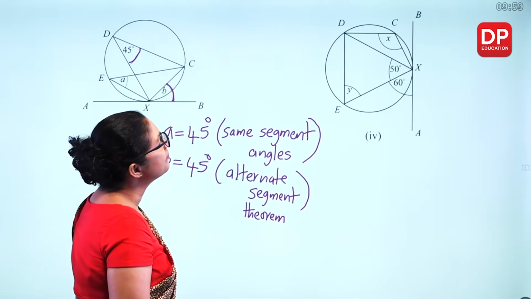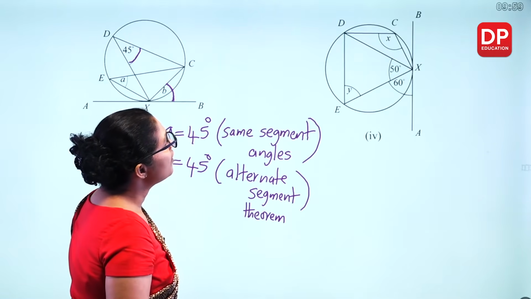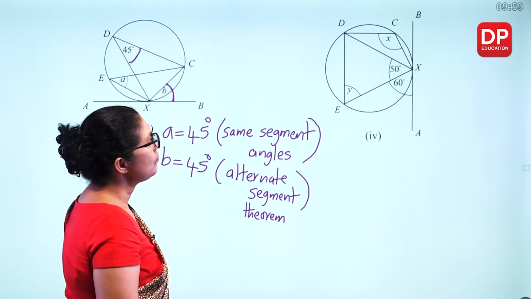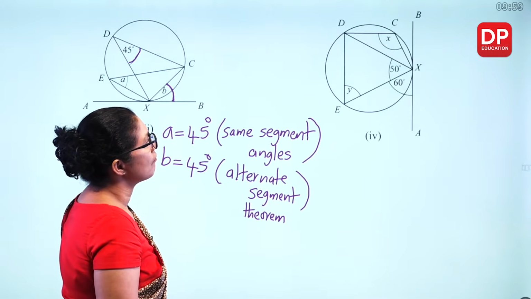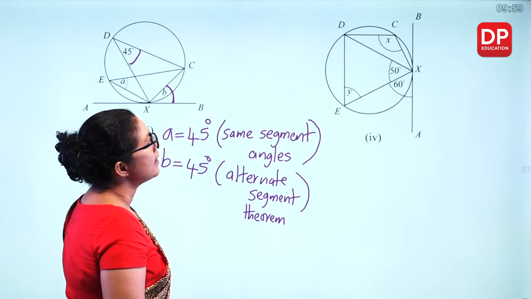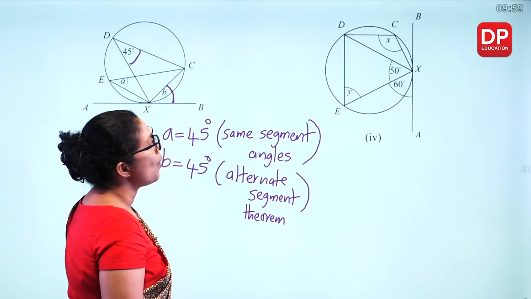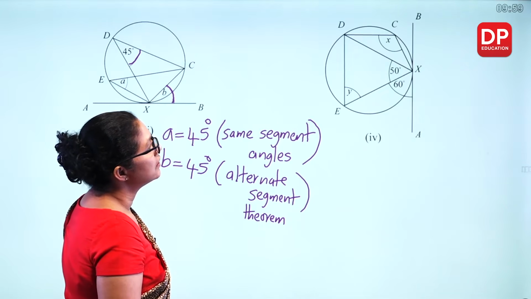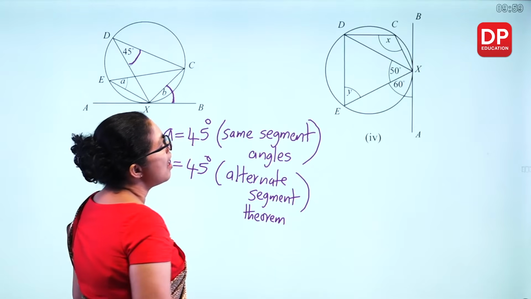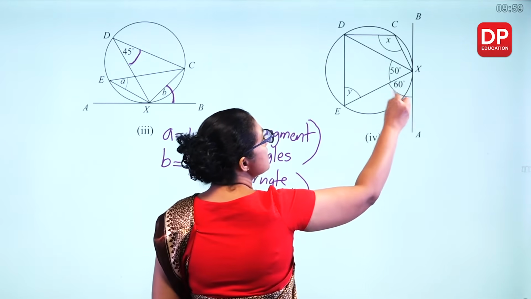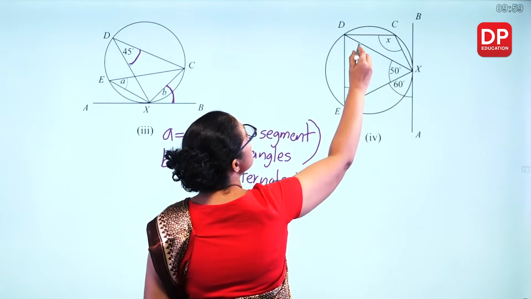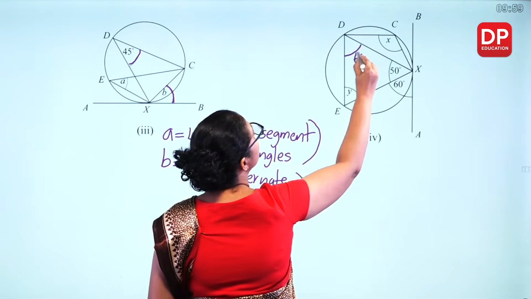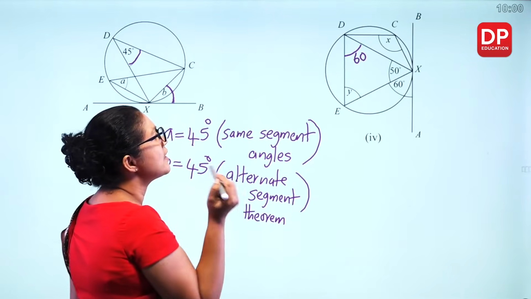Fourth part, you are asked to find out X and Y. What can you say about X and Y? This is 60, means the alternate, this angle is 60. So what is Y?